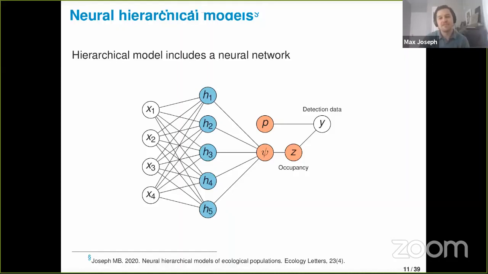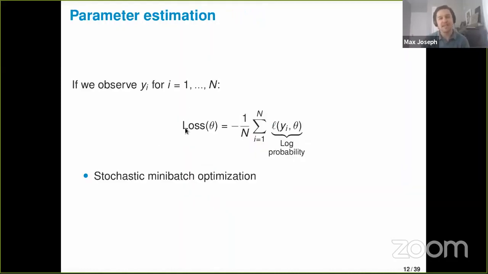And so for all of the models that I'll talk about today, parameter estimation proceeds by minimizing a loss function that can be written like this, where it's an average over n examples, and we're averaging some differentiable log probability. And the nice thing about loss functions like this is they permit stochastic mini-batch optimization, which is just a fancy way to say you never have to load all the data into memory at once, and this allows you to scale to larger data sets.